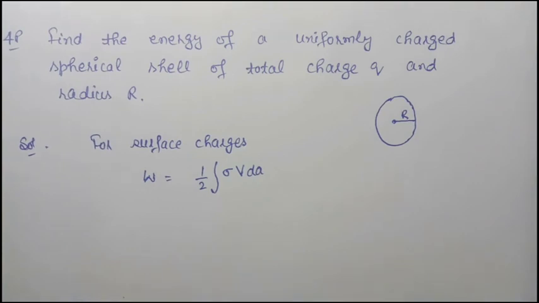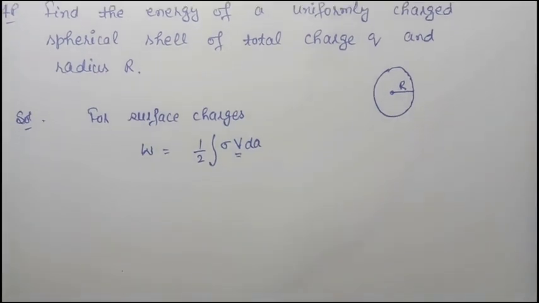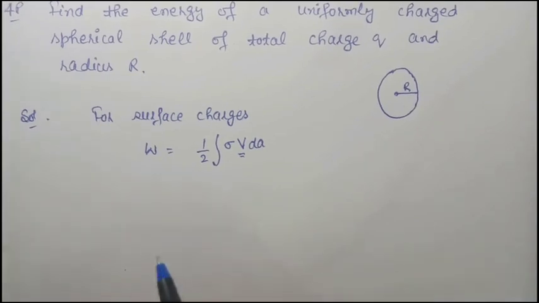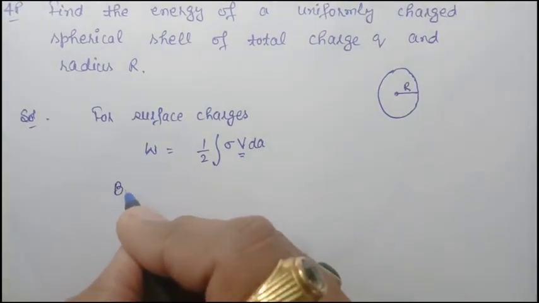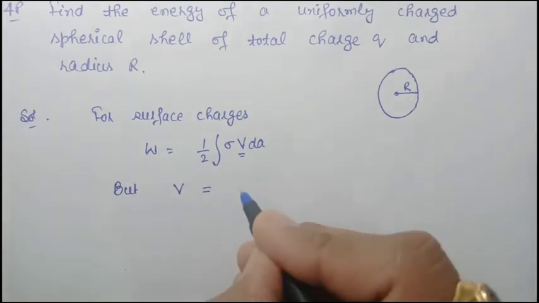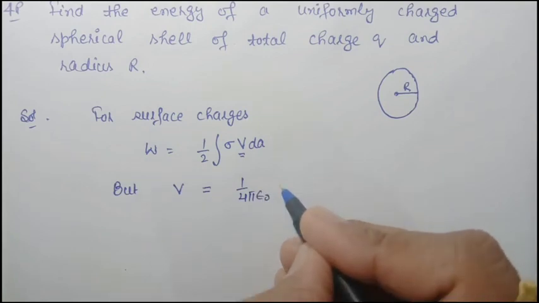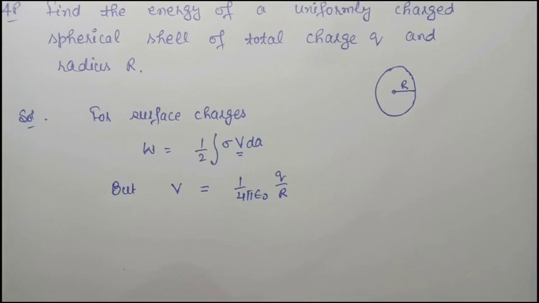So here sigma is the surface charge density, V is the scalar potential. So here, as we discussed, this scalar potential is equal to 1 over 4 pi epsilon naught into Q over R, and this is a constant quantity.